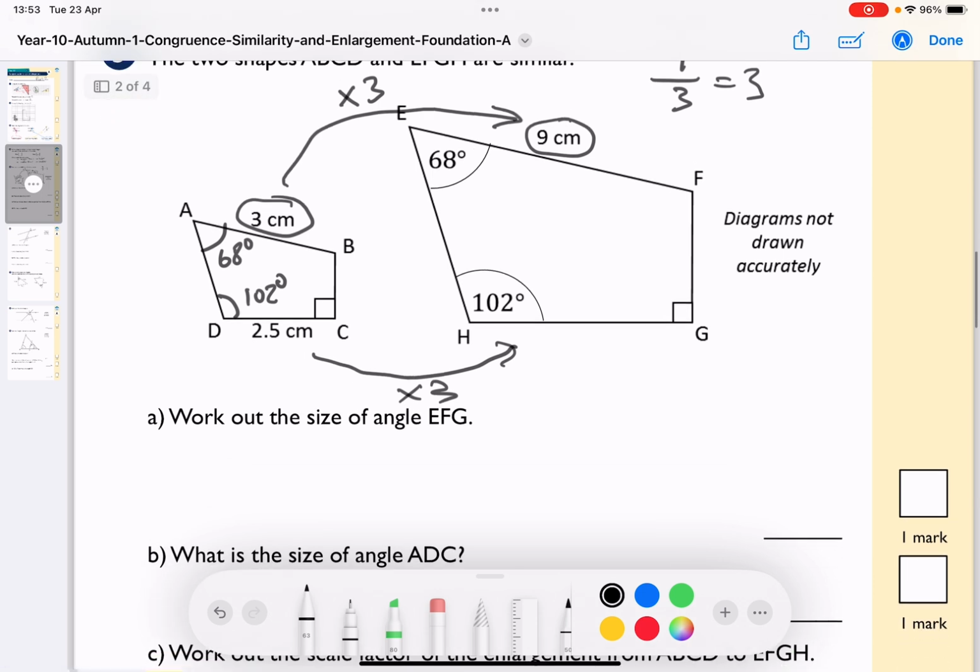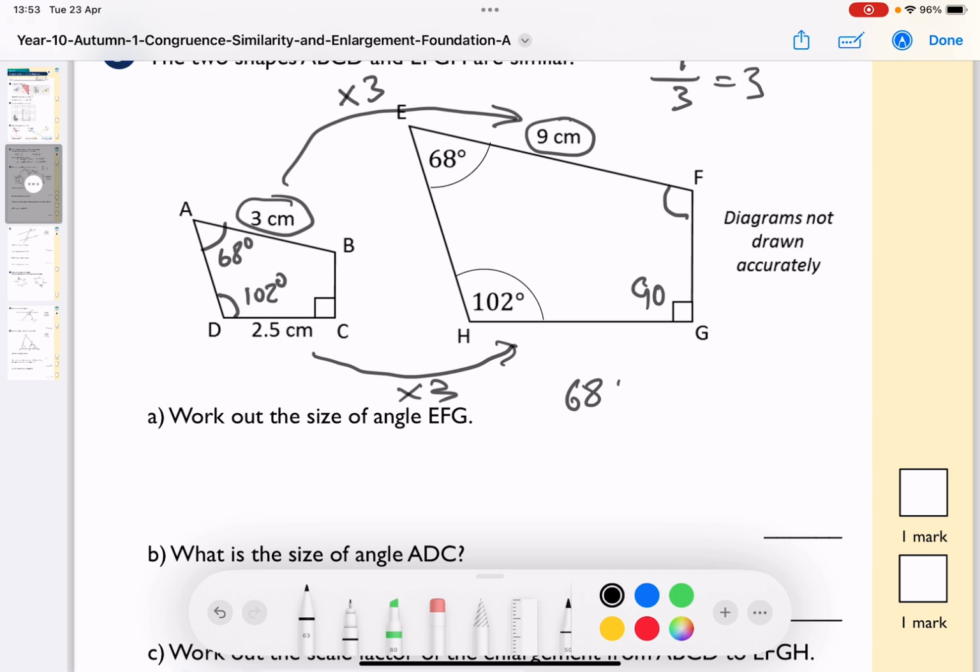So here I want the size of angle EFG. So it actually wants this one. Well, what I've got to remember is that angles in a quadrilateral add up to 360. This one is 90. So if I do 68 plus 102 plus 90, well, 68 plus 102 is 170.